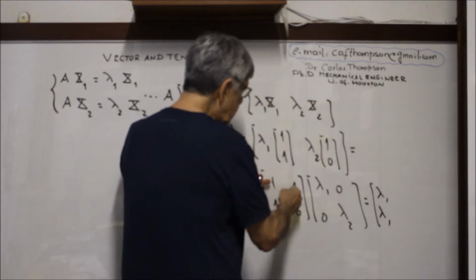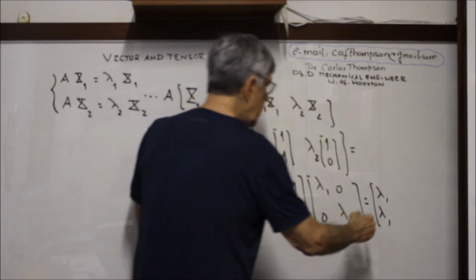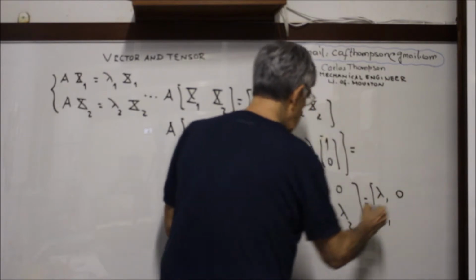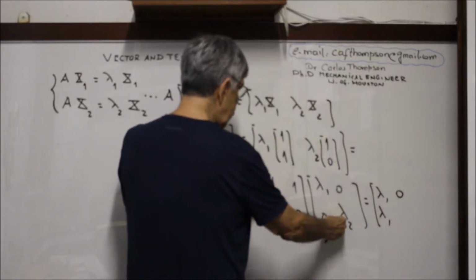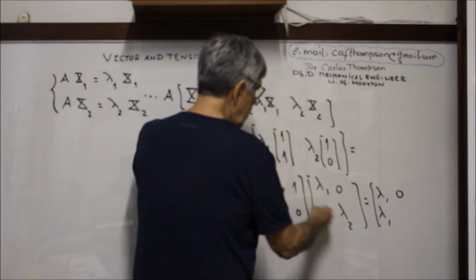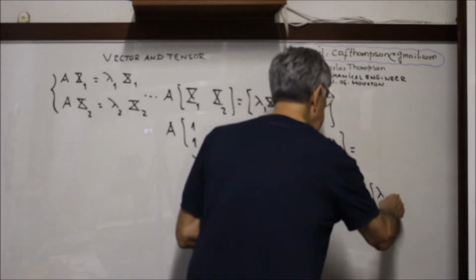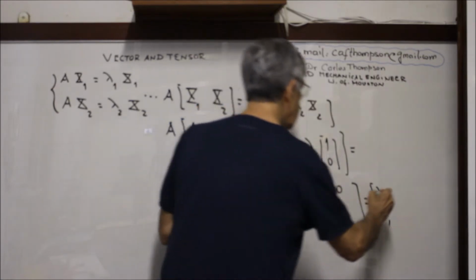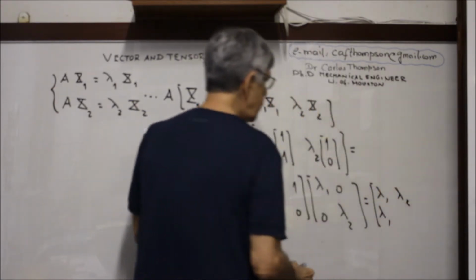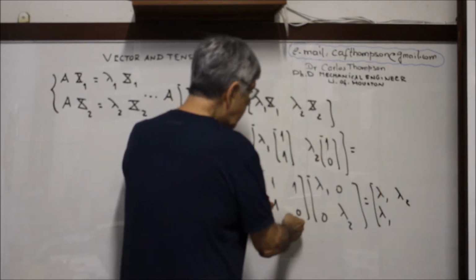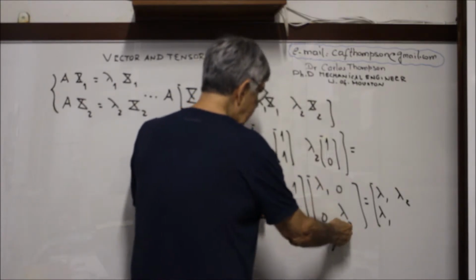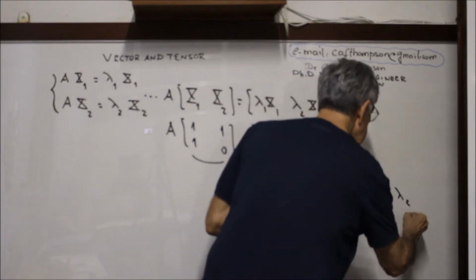Now, first row, second column, so this will be 0. This one times this, plus this, is lambda 2. Let's write down here lambda 2. Now, second row, second column, so this will be 0.